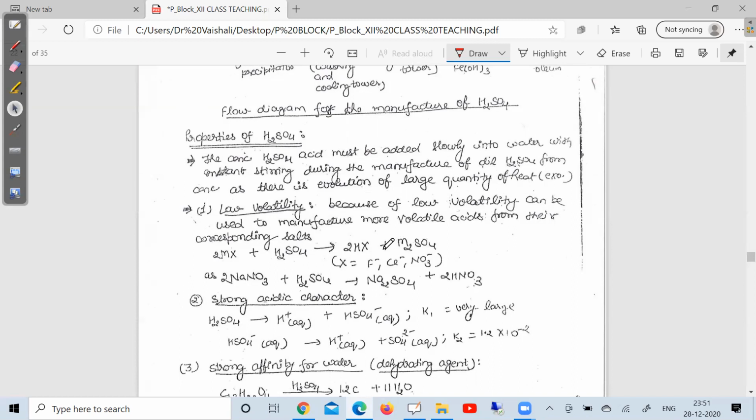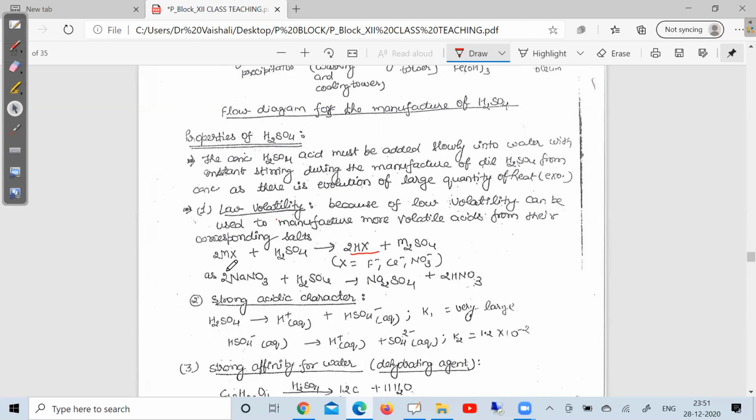And this is the reason for anion tests also we use sulfuric acid. Most of the qualitative and quantitative tests are done using sulfuric acid, not HCl, not HNO3, because they are fuming acids. So due to low volatility, all the fuming acids like HCl, HNO3 can be prepared using sulfuric acid.